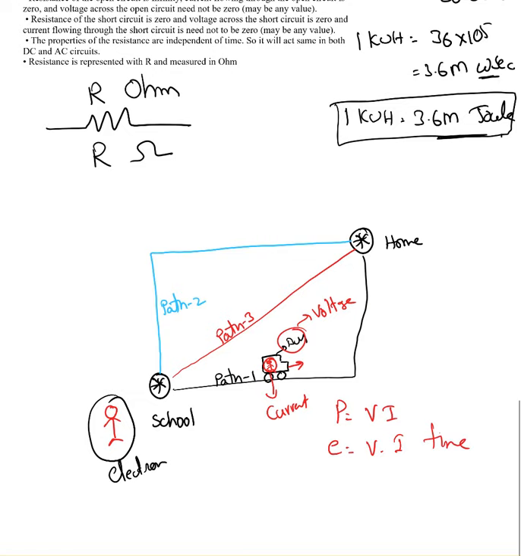Now, what is resistance? Go ahead and guess. Pause the video and guess. Here, the resistance could be a traffic light, which opposes the flow of buses or vehicles in that path. A traffic light is a resistance, or a speed bump is a resistance, or a cop is a resistance.